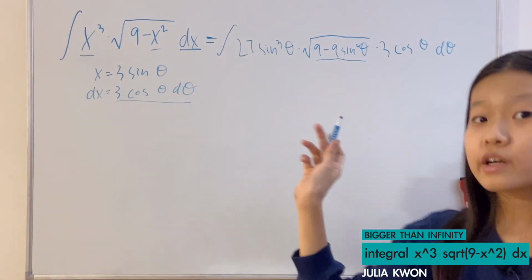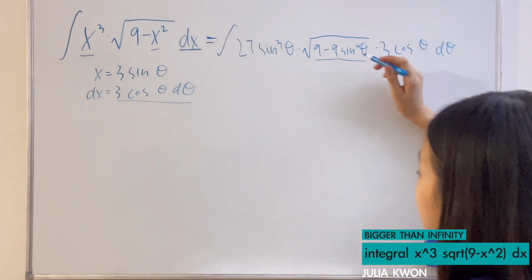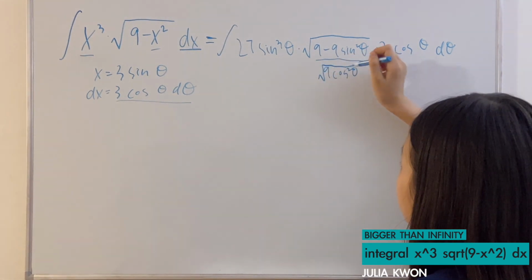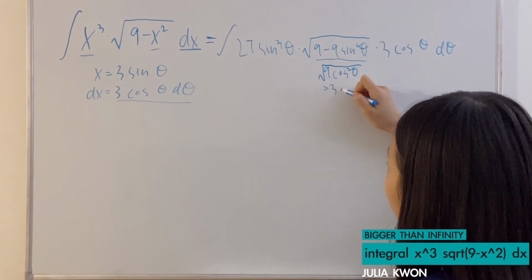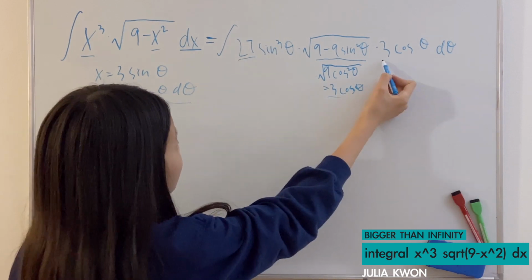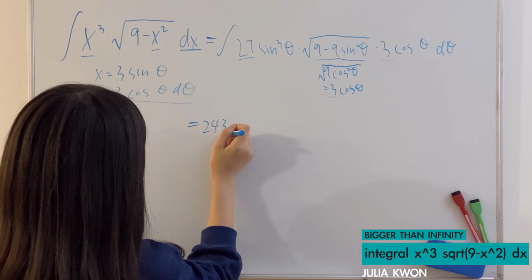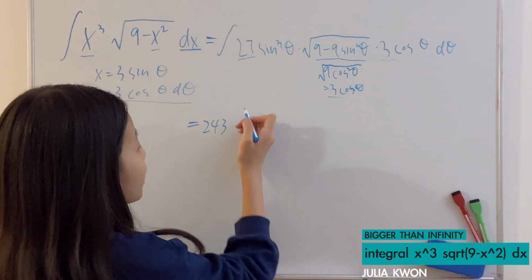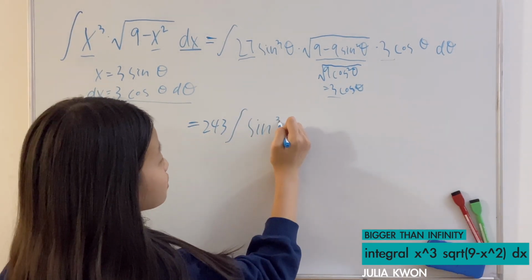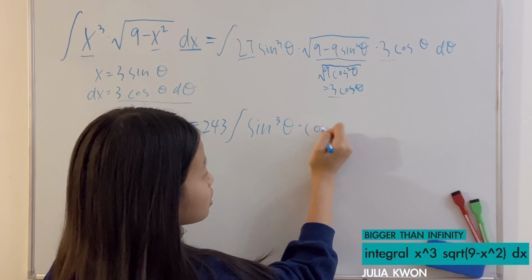This is a trigonometric identity, and 9 minus 9 times sine squared theta is equal to 9 times cosine squared theta, but since we have the square root, we would just have 3 times cosine theta. And we would have 27 times 3 times 3, which is equal to 243, and 243 times the integral of sine cubed theta times cosine theta, which is equal to cosine squared theta.